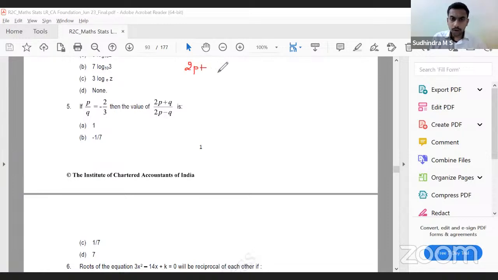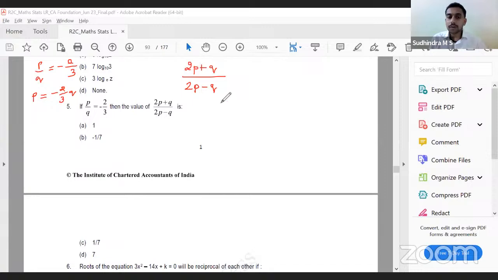2p plus q divided by 2p minus q. They have given us p by q as minus 2 by 3. So I can say p is equal to minus 2 by 3 q. Correct?